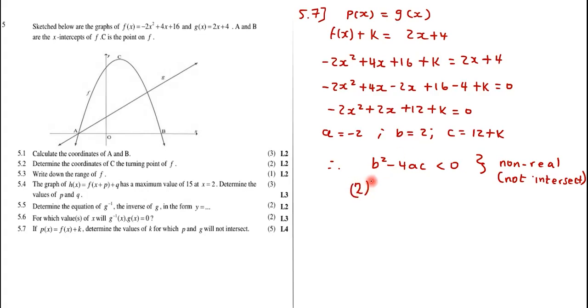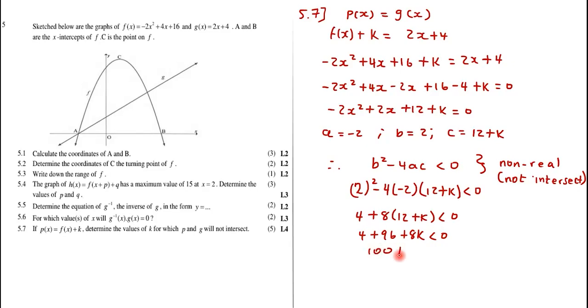Okay, so now what is my b here? It is 2 squared minus 4 into minus 2 into 12 plus k, less than 0. Then this is going to be 4, and then this will be 8 into 12 plus k, less than 0. And then I have 4 plus 96 plus 8k less than 0. This looks like 100 plus 8k less than 0.